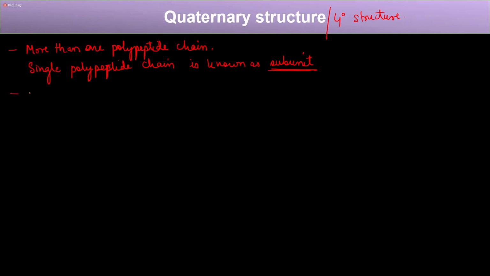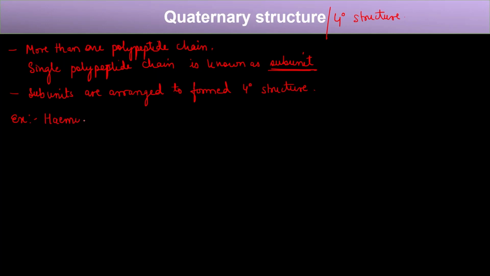Now these subunits, or these single polypeptide chains, are arranged to form quaternary structure. Right? And if we talk about examples, the first example we have is hemoglobin.